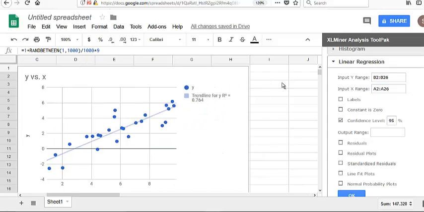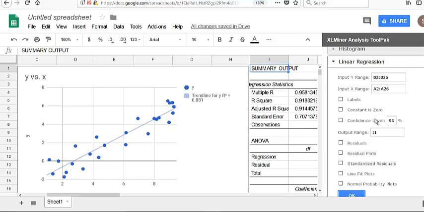Then I put my cursor to the right of the graph, click in Output Range, cell I1. I'm not going to do the confidence level. It's already done a fit, so I don't need to pick anything; it'll still give me some information. I say OK. That's it.